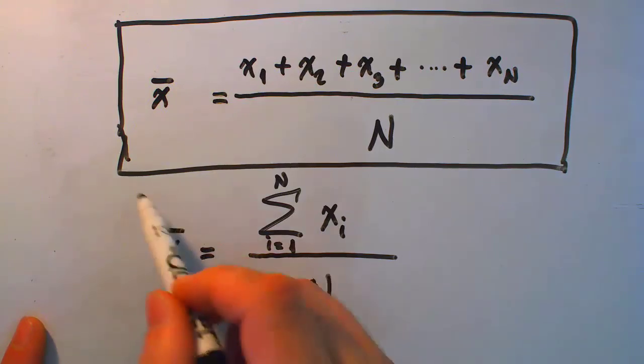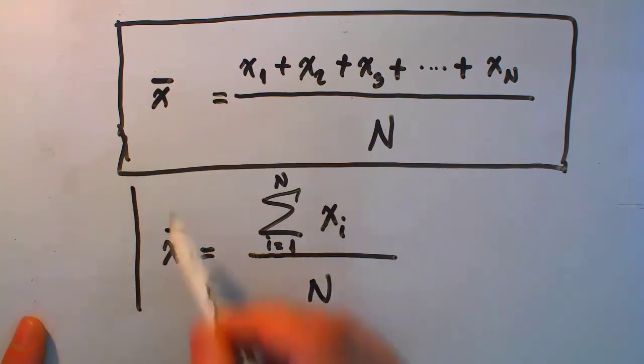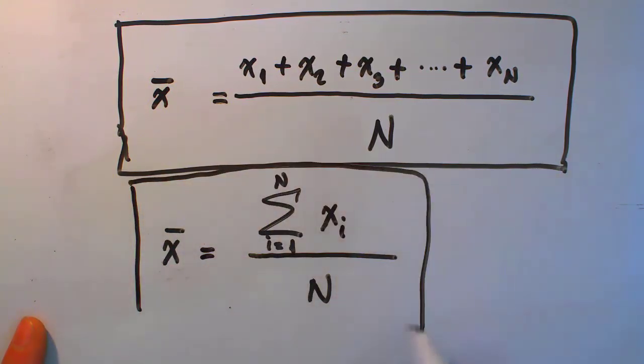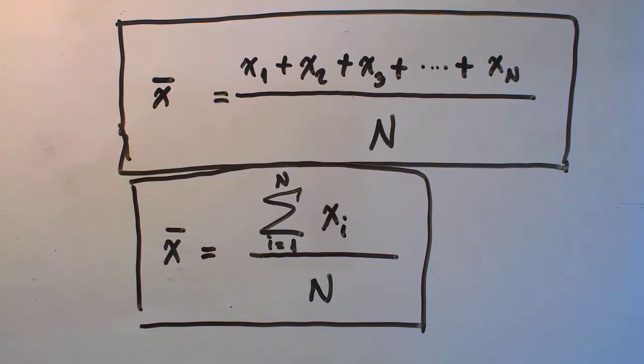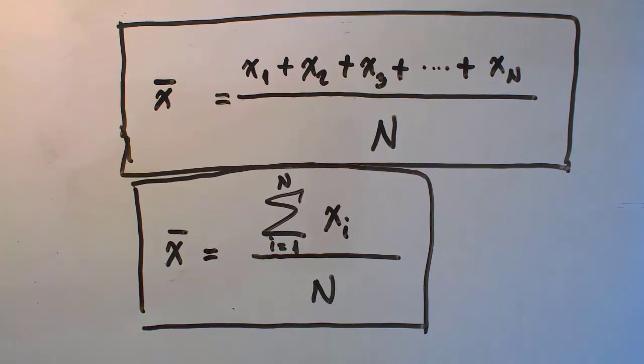But like I said, being comfortable with this formula or not, I'm not too particular about that. Okay, and so that's how we generally find a mean value. And so let's look at some examples.